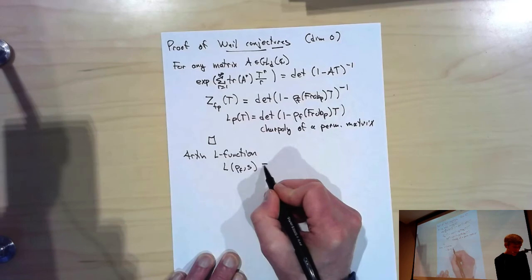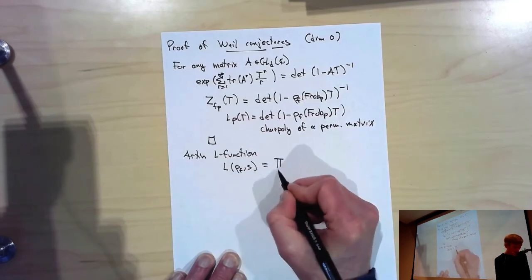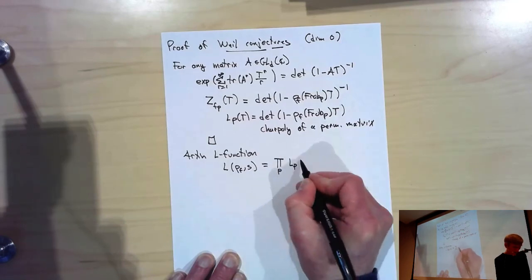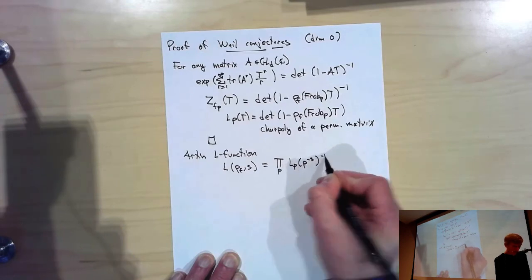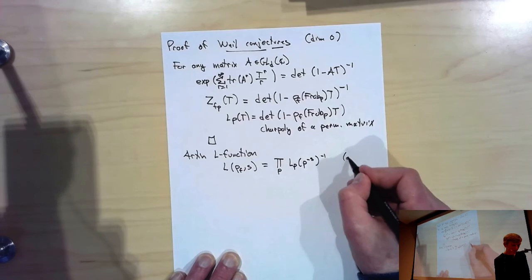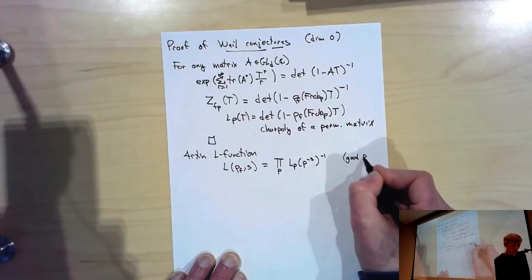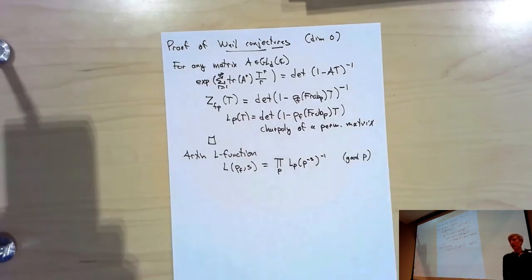It can be written as an Euler product whose local factors can all be defined in terms of this L polynomial L sub p, at least at the good primes. We're not going to worry about putting in the Euler factors at the bad primes because there are only finitely many of them, and we're interested in statistical questions of distribution that allow us to ignore any finite set of primes, which makes analytic number theory a whole lot easier.